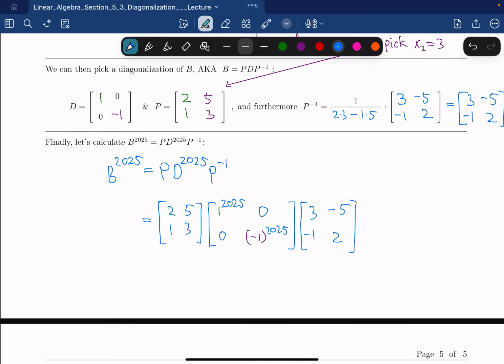So this is really just 2, 5, 1, 3 times the matrix 1, 0, 0, -1, times the matrix P inverse, which is 3, -5, -1, and 2.